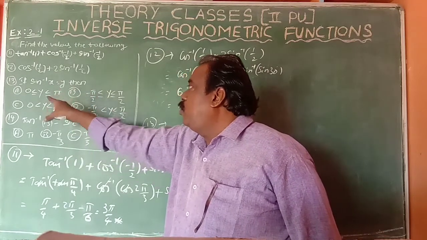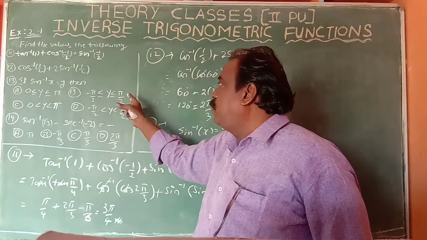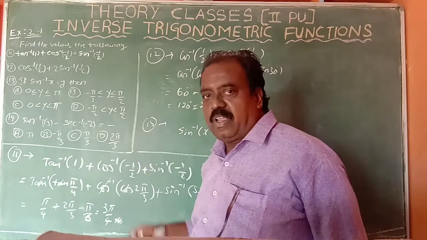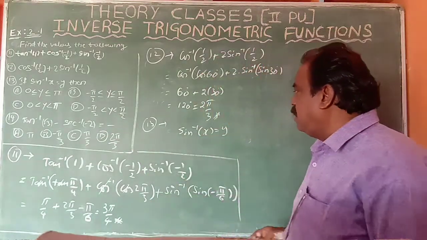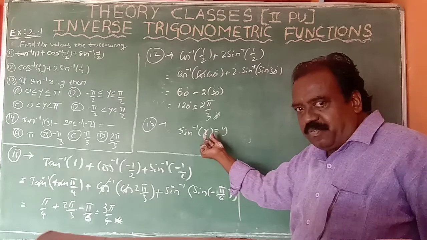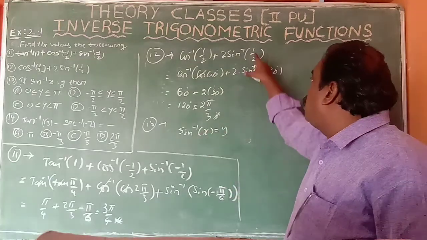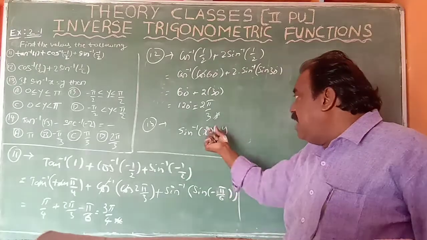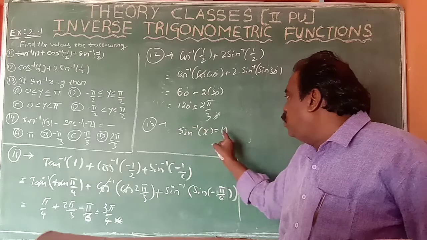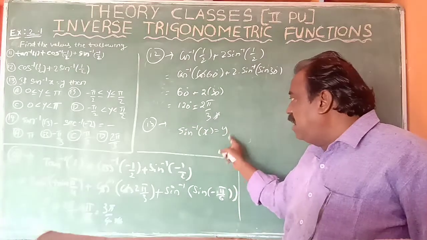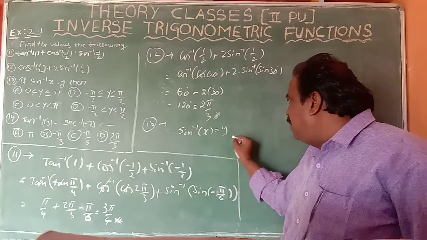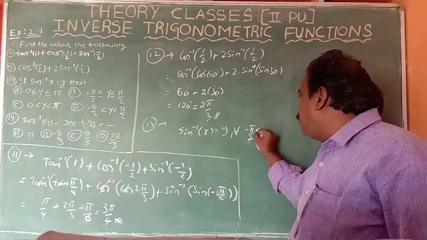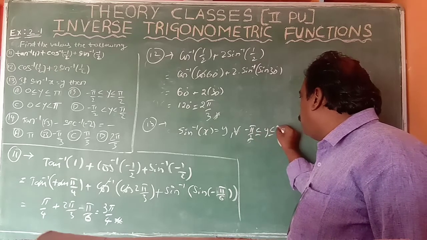The first option is 0 to pi, then minus pi by 2 to plus pi by 2, closed and open, like that. By definition, sin inverse of something is an angle, and that angle is related with sin. So y is the angle of sin. This y always satisfies minus pi by 2 less than or equal to y less than or equal to pi by 2.